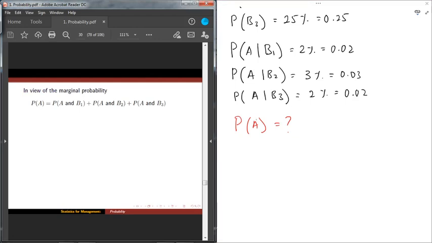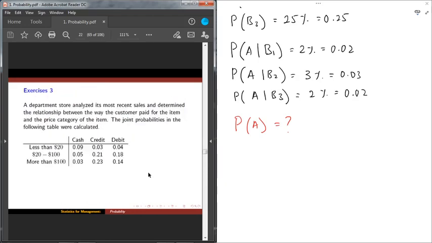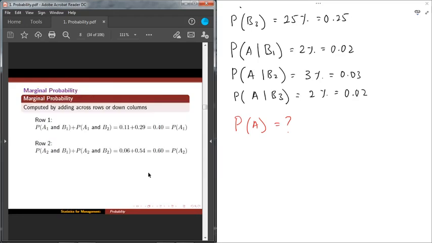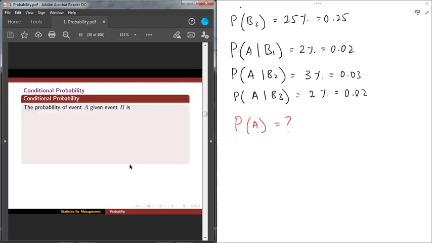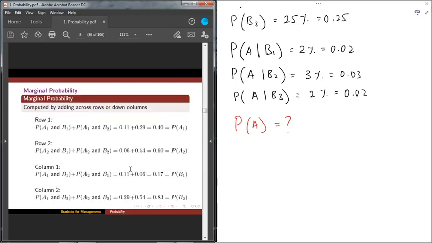If you look at the slide, I don't know whether you still remember the marginal probability. I told you last time, if you go back to the first slide, maybe you can see this one also. If I want P(A1), I need to add all the probabilities associated with A1.